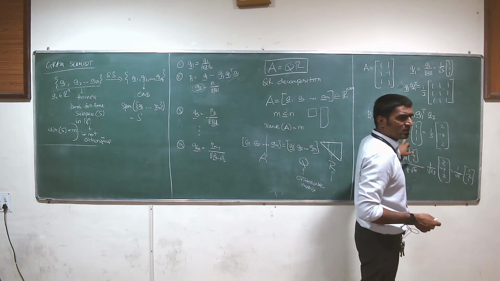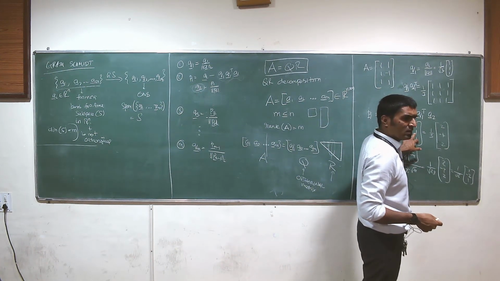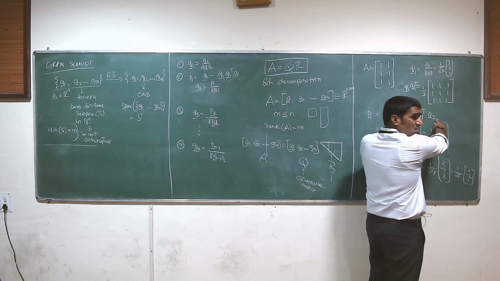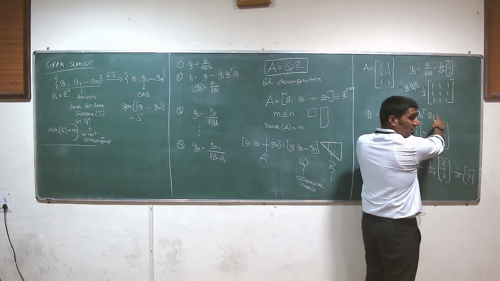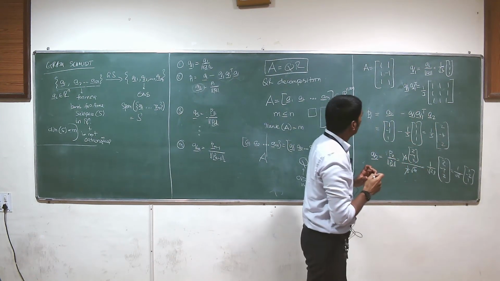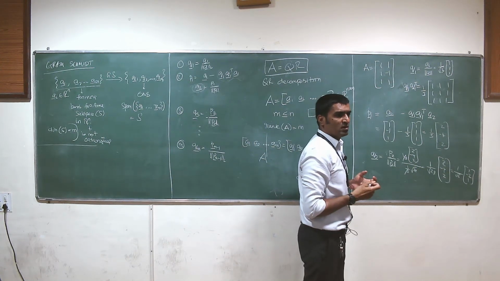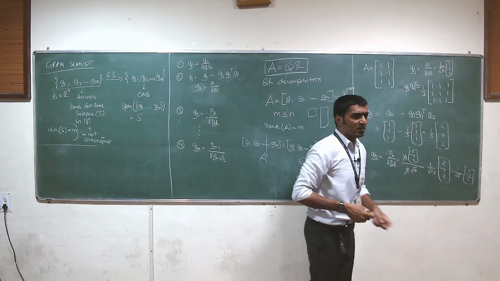Here? This one? Yes. No, this is the product of this whole thing. Is this product wrong? I think it will be 1, 1, 1. I think this is okay.